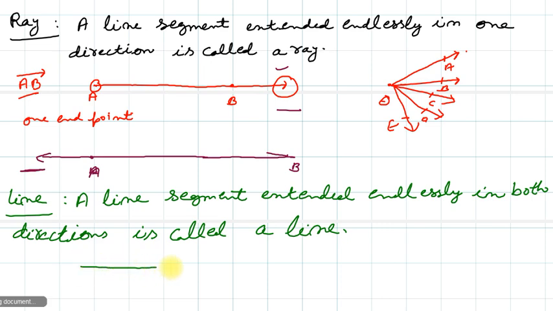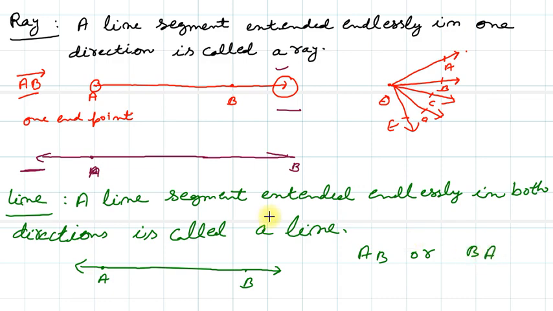Suppose I draw this. Here I show endlessness, here also I show. This is point A, this is point B, so this is a line. How will we represent it? We will represent it as AB or BA, since both directions can be shown.